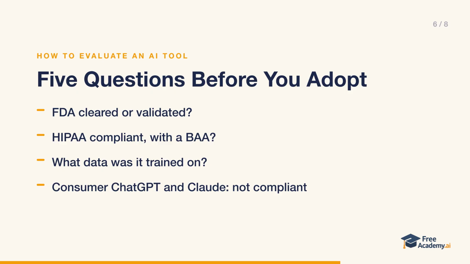Administrative or educational tools may not need clearance, but should still have validation data. 2. Does it handle protected health information appropriately? If you enter patient information, the tool must comply with HIPAA, and you want a business associate agreement with the vendor. Consumer versions of ChatGPT, Claude, and Google Gemini are not HIPAA compliant by default.